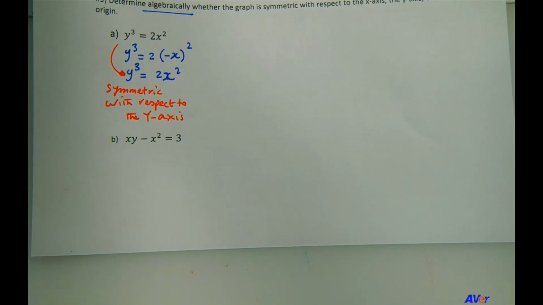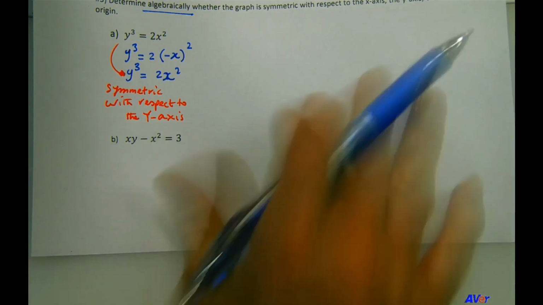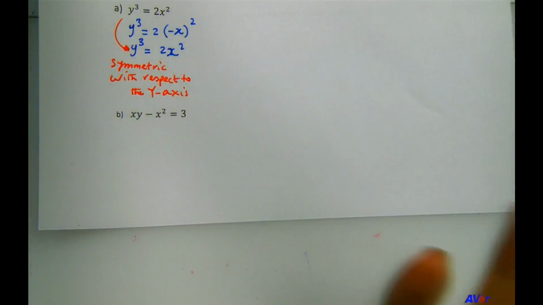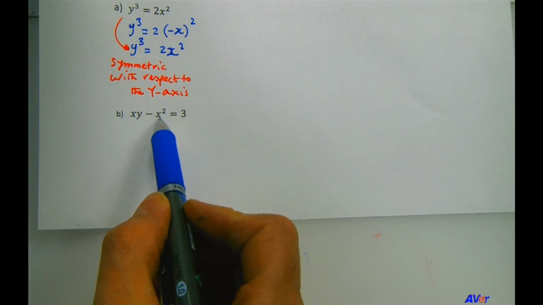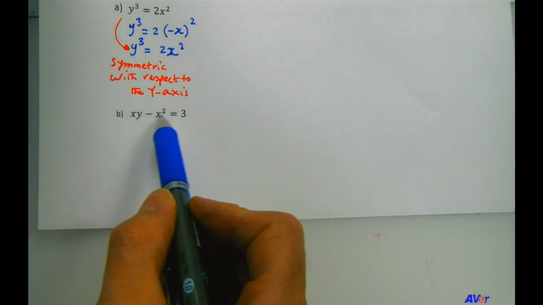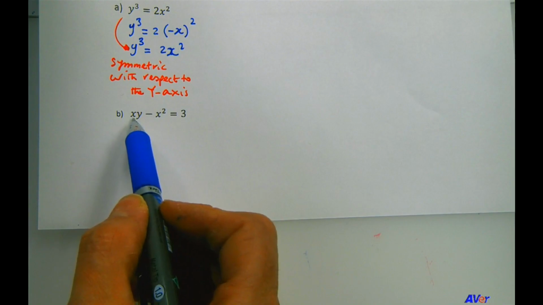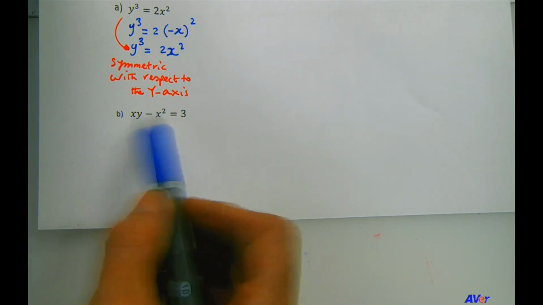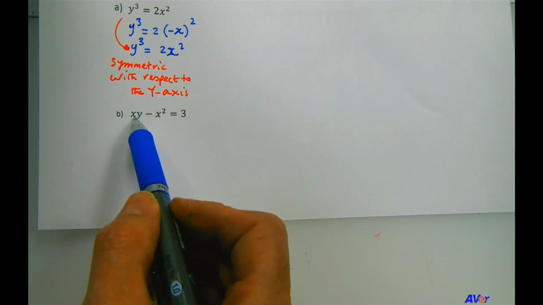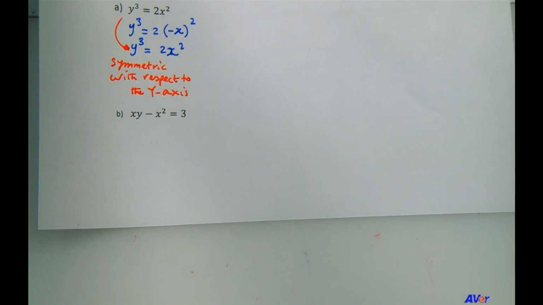Okay, so here, before we do anything numeric or algebraic, I know that if I plug in negative x for this, I'm going to end up with the same thing, but negative y here will not give me the same thing. Okay? It will not give me the same equation. So this is not symmetric with respect to the x-axis. Do you see what I mean?